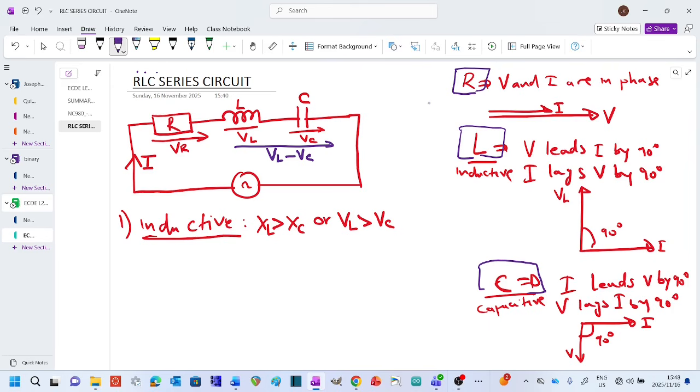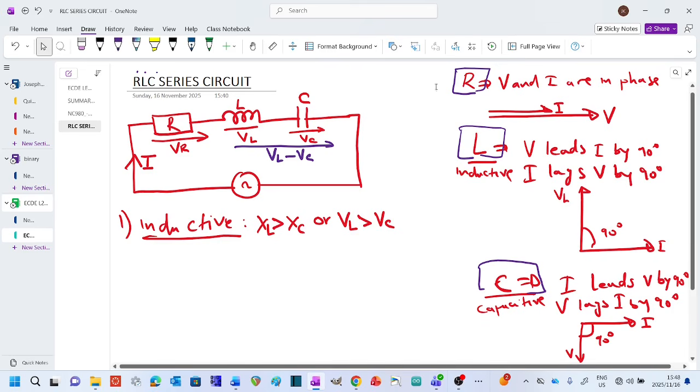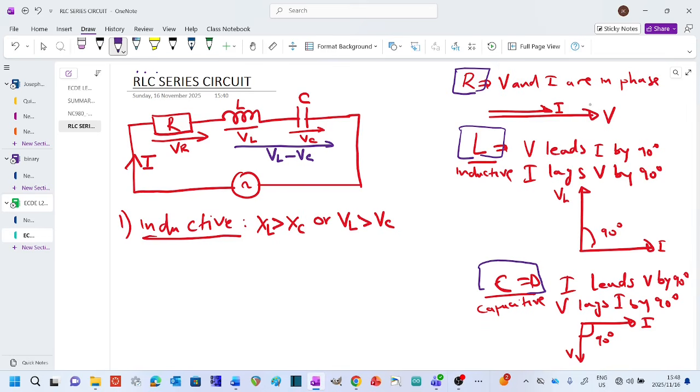So if we have to draw the phasor diagram, let me just save some space. In a series circuit, there is only one current. The current becomes our point of reference.